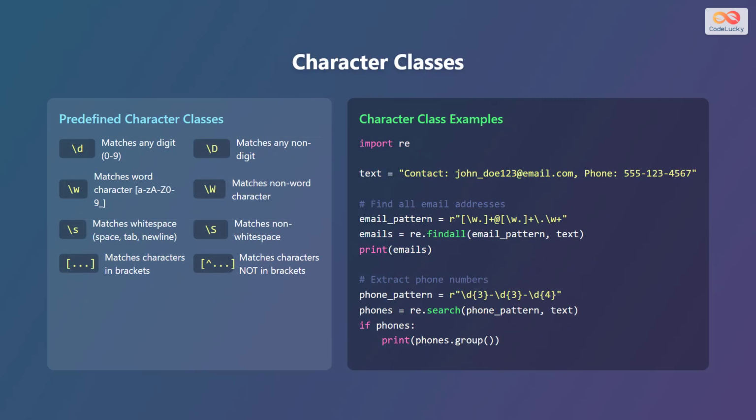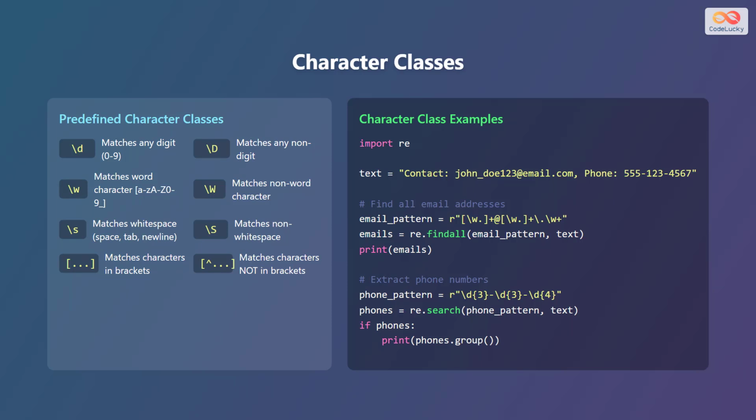Character classes are used to define a set of characters to match. Let's examine some predefined character classes. \d matches any digit, which means 0 through 9. \D matches any non-digit character. \w matches any word character.